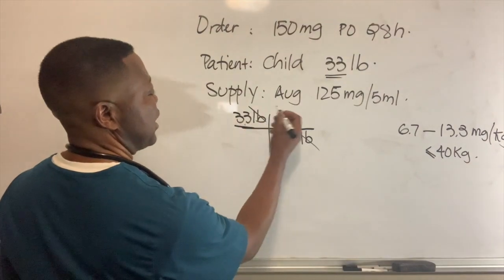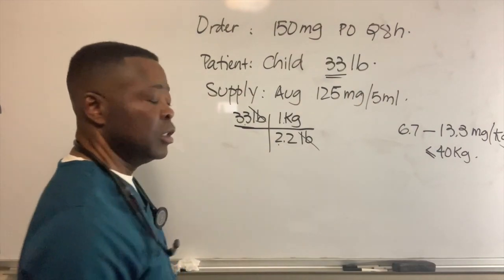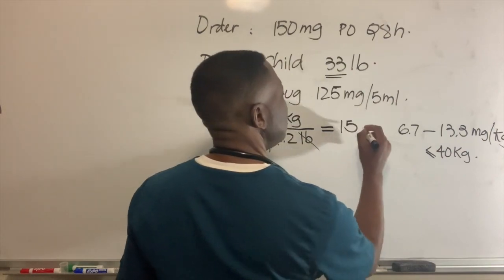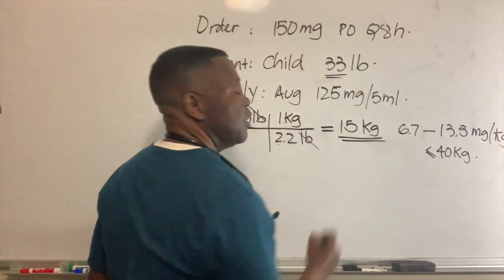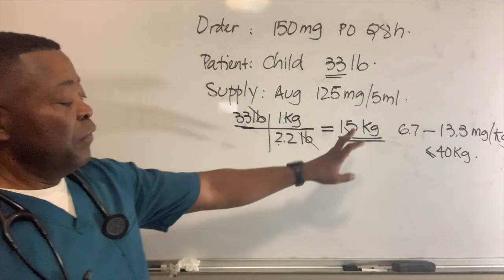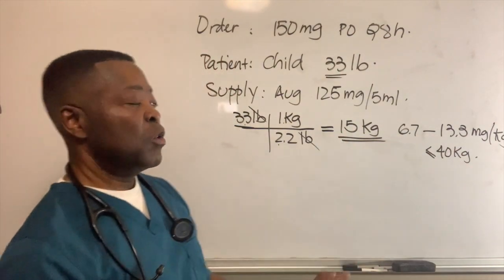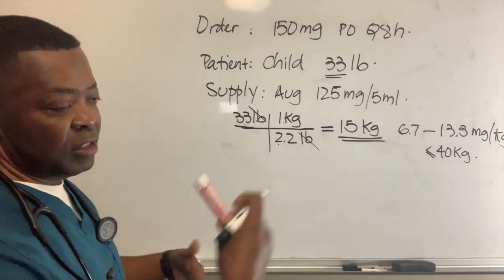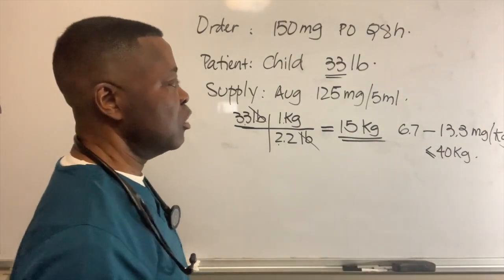We have 33 times 1 is 33, divided by 2.2 equals 15 kilo. So this is the child weight. Now we're gonna use the child weight for the low and the high dose. Find out whether or not the order falls between these two numbers. If so, we proceed. If not, we stop and call the provider.